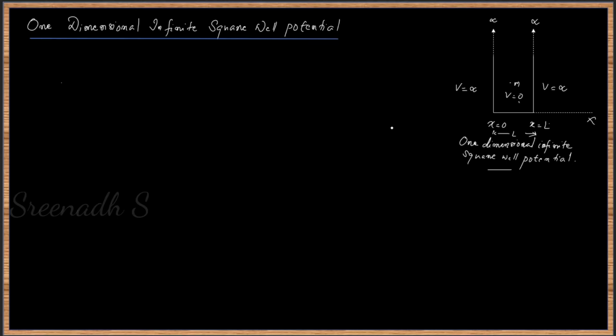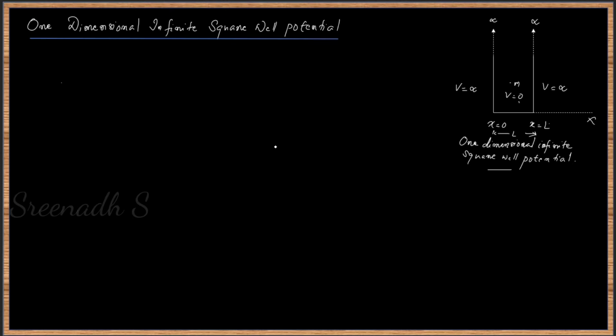So this is a similar case. Here, since the potential energy is 0 and independent of time, we can use the Schrodinger time independent equation to find the possible energy values of the particle inside the box as well as its wave function. Okay, so let's do that.